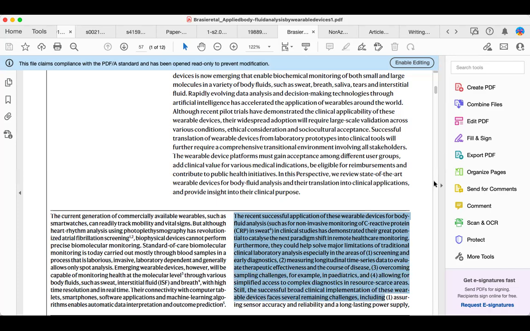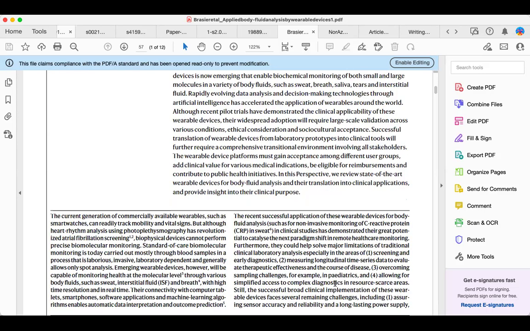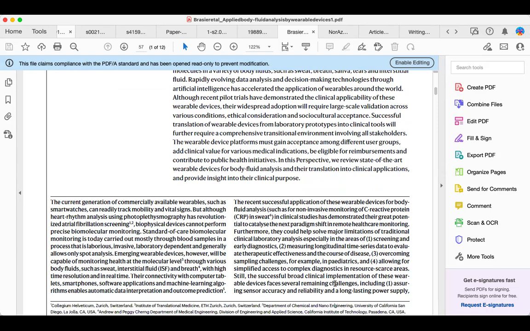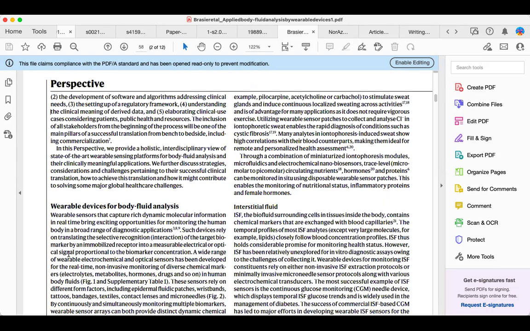All right, and certain other issues. All right, so he starts by reviewing the first topic, wearable devices for body fluid analysis.